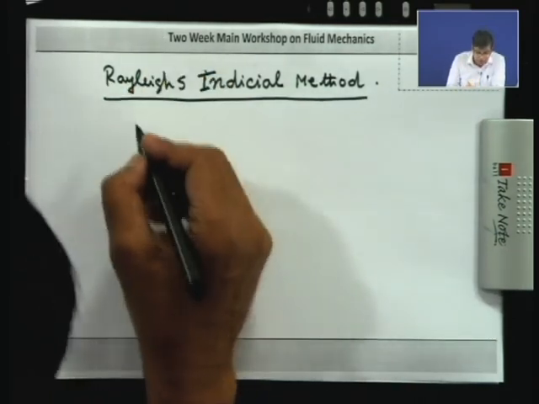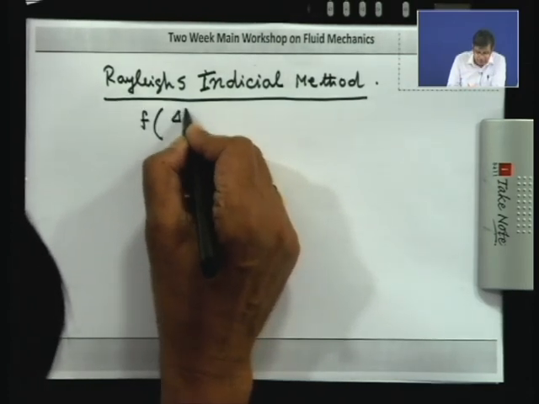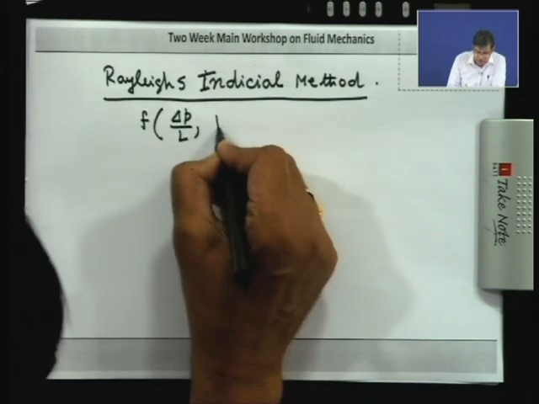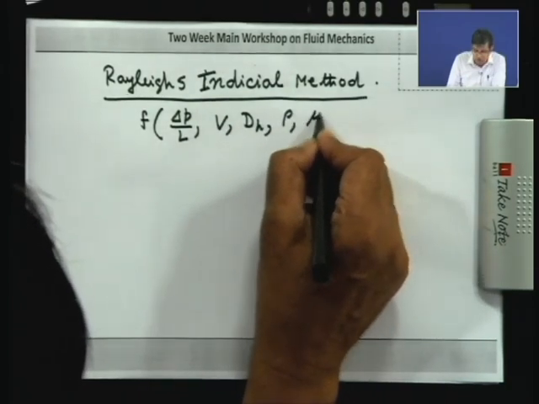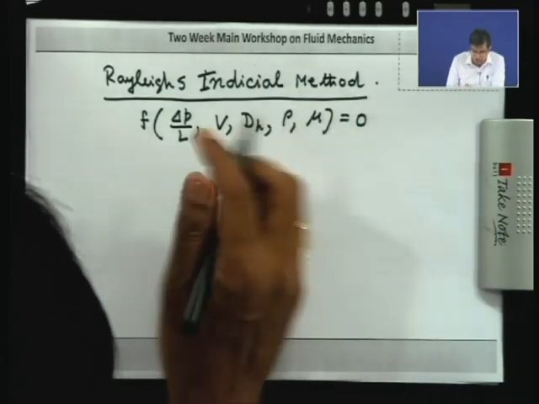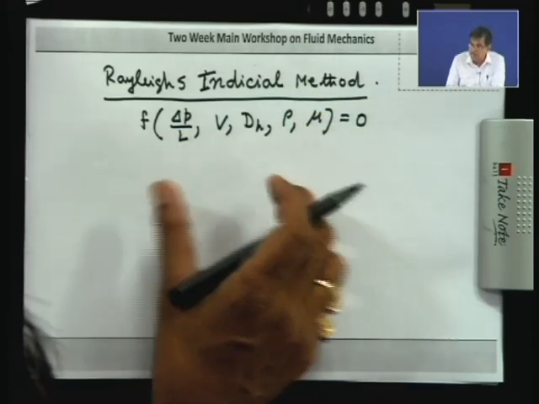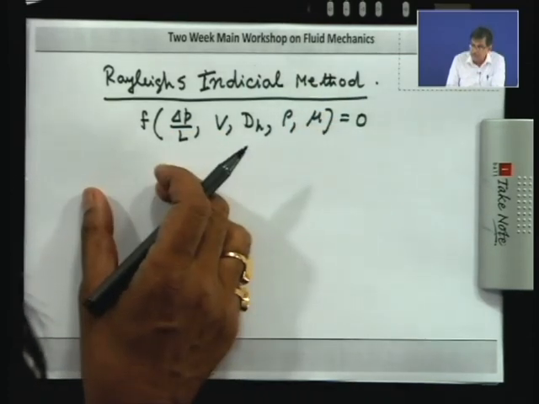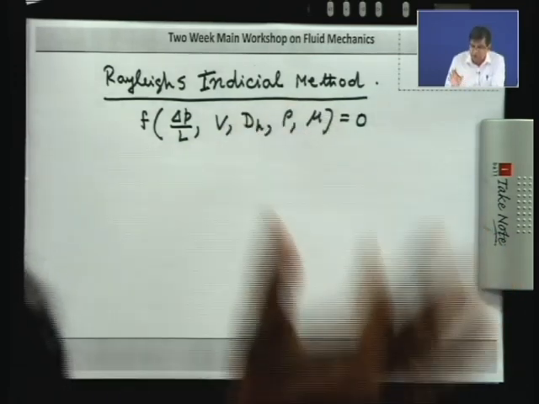Now, the pipe flow problem, we express in the Buckingham pi theorem as a function of delta p by L, v, dH, rho, mu equal to 0. Then what did we do? We took any 3 out of these 4, because this is the output parameter, as the repeating variables, and formed 2 pi terms by equating the indices of the fundamental dimensions to 0. We found out the indices and found out the pi terms.